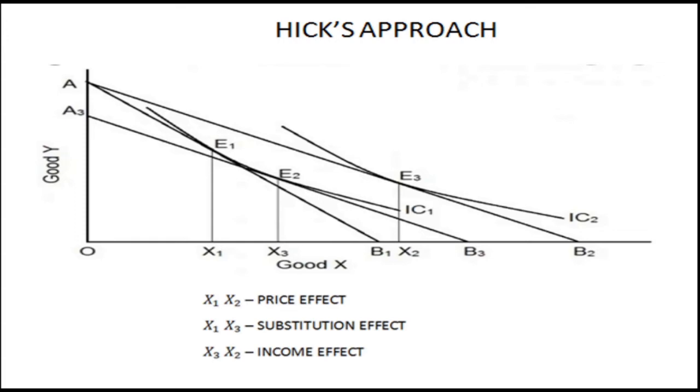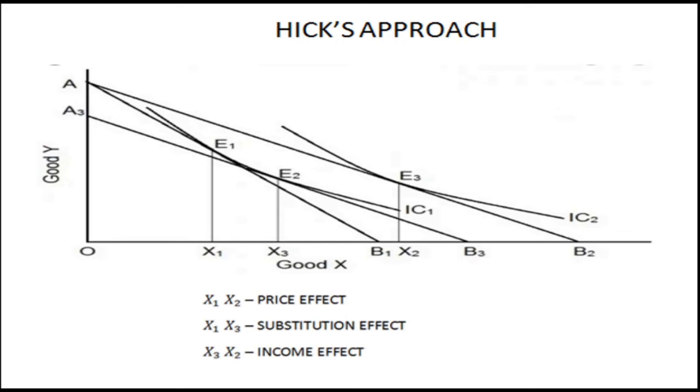So due to the reduction of money by way of taxation, the consumer's budget line shifted from AB2 to A3B3. So the new budget line is now A3B3 due to reduction of income. And this new budget line A3B3 is tangent to the initial indifference curve IC1 at point E2.